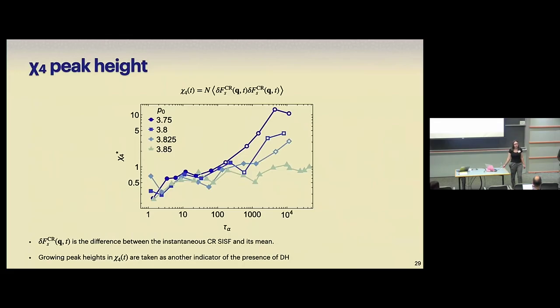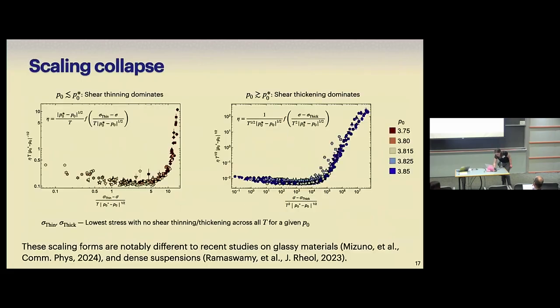Other questions? Can you go back to the collapse slide? Yep. I know you said you don't have a theory for it, but do you have an intuition why the scaling of the parameters is different in the two regimes? Not really.